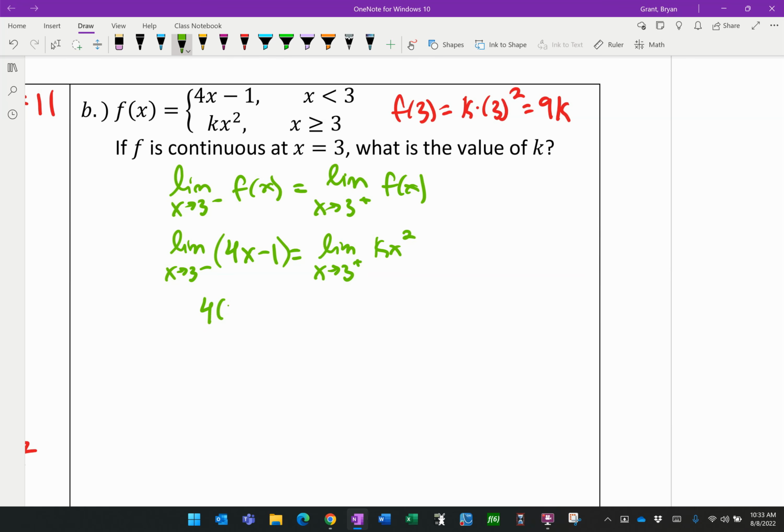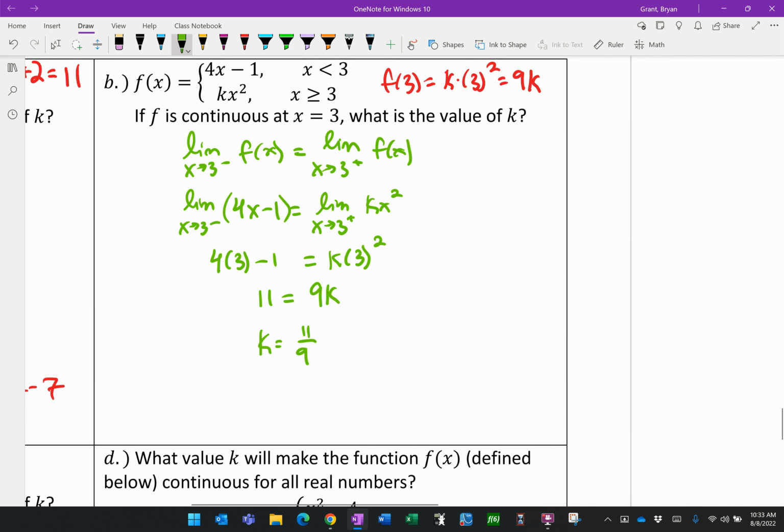Substitute in our 3 now that we've set up the limit. We want to make sure that these are equal when x has an actual value. 12 minus 1 is 11. This one is 9k. And so we find that k is 11/9. Just doing my nice due diligence then, we are going to see that f of 3 will be equal to the limit as x approaches 3 of f of x. What will the value actually be?